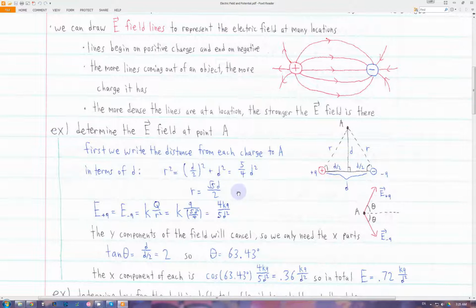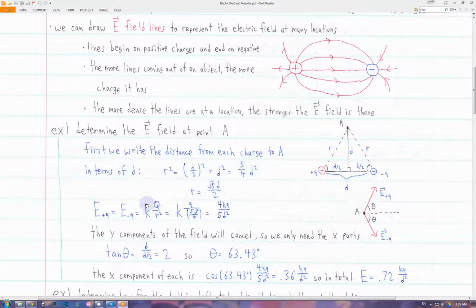And the magnitude of the E field contributed by both of these charged objects will be the same, since they have the same charge and the same distance from point A. The only thing that's different is the direction that they will point in. So we can go ahead and calculate the magnitude of the E field due to each charged object.